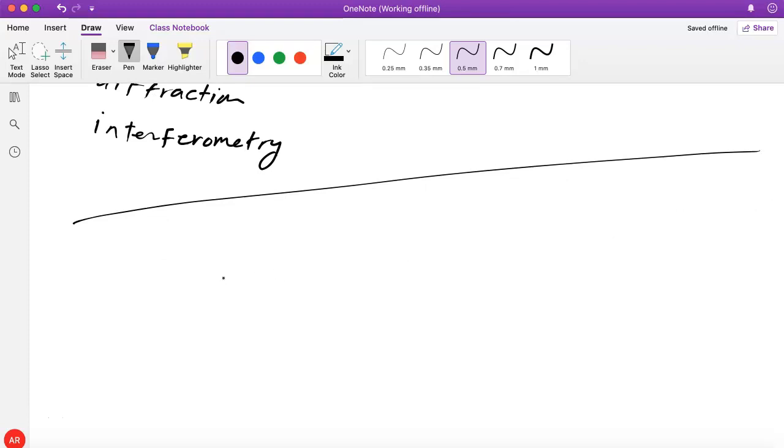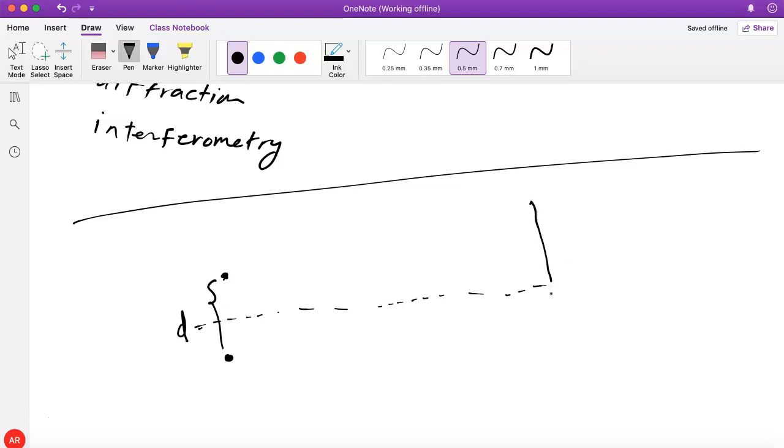So consider, let's say we have two sources, or these are the two slits which act as the two sources. And they are, let's say, some distance d apart. And then we put a screen, so let's say that's the middle point.